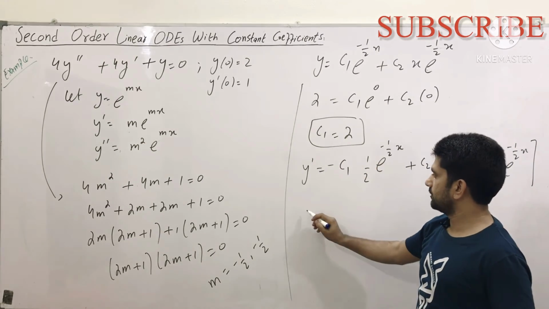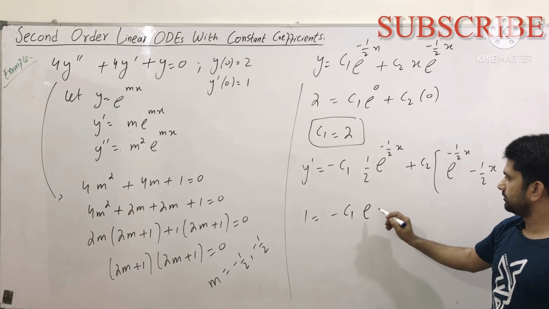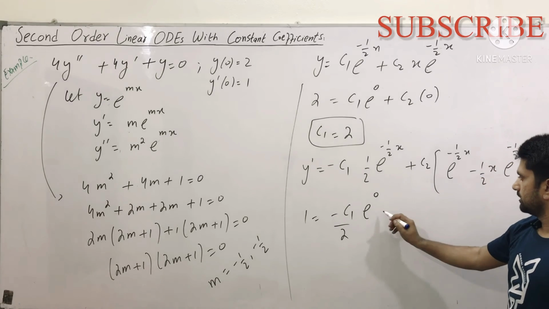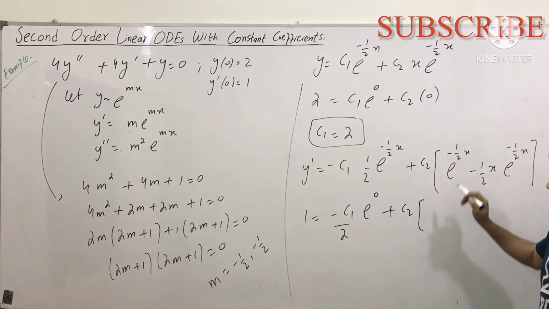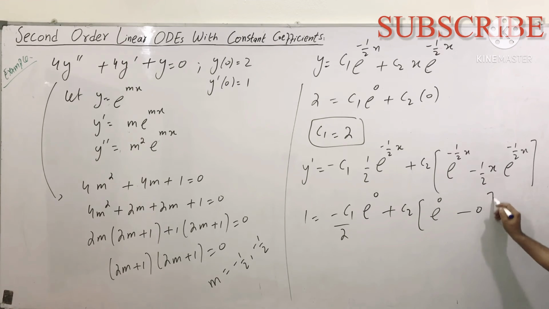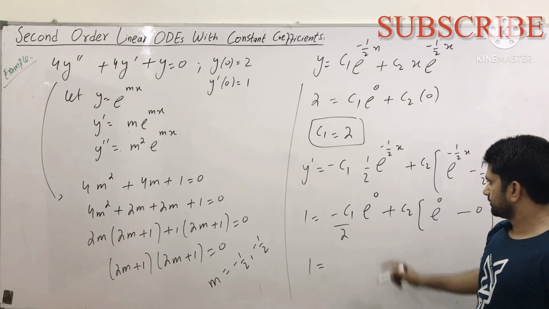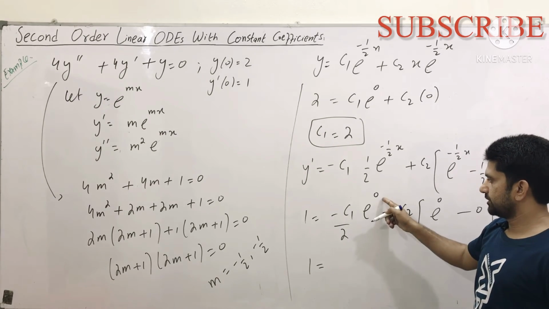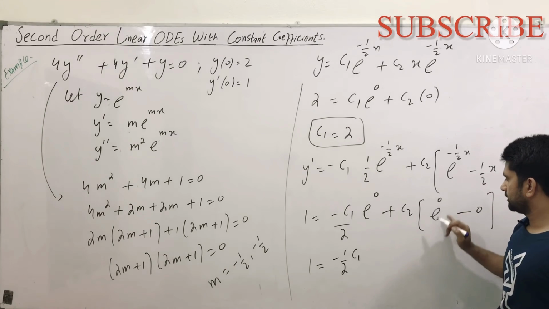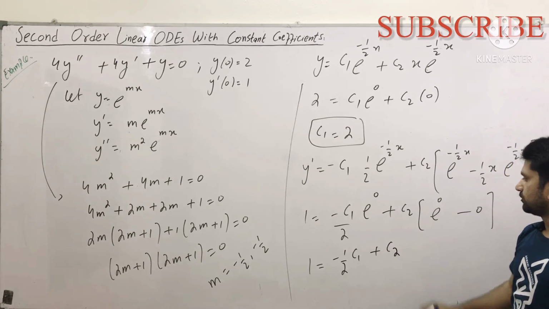Now y prime is 1 and x is 0. So -c1/2 times e^0, plus c2 times e^0, and the x term will be 0. On simplification I have 1 = -1/2 c1 times e^0, which is 1, plus c2.